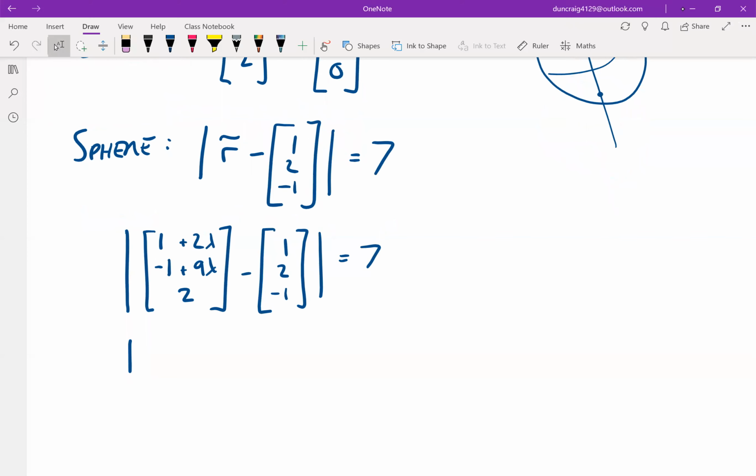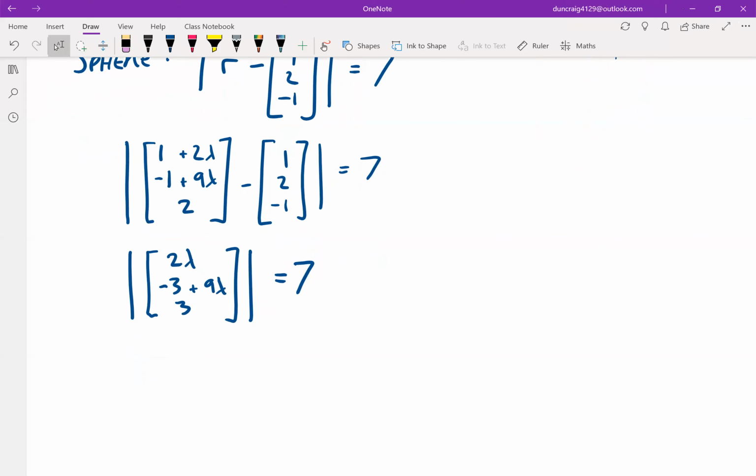1 take 1 is 0, so that's just 2 lambda. Then -3 plus 9 lambda, and 2 take -1 gives a 3 there, equal to 7.